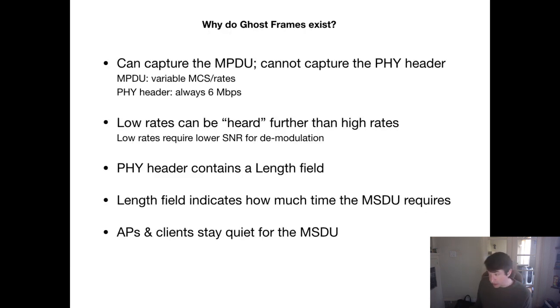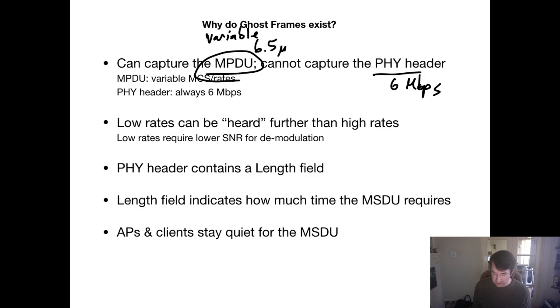So yeah, again, just to give a little background here, PHY header always at 6 megabits per second. MPDU, meaning the data plus the MAC layer header, is at a variable rate. It's going to be a rate somewhere between 6.5 megabits per second and 1.73 gigabits per second.